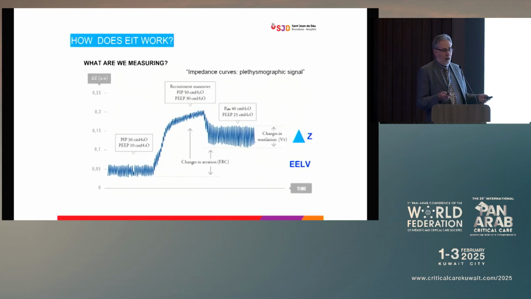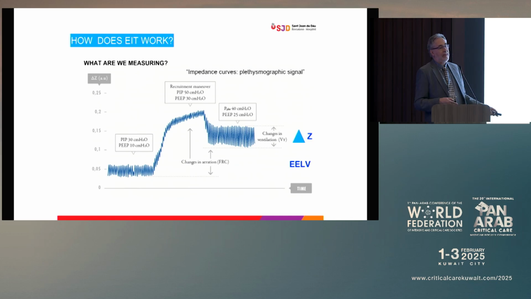So what about the plethysmograph signal? You can see here the change, as I told you, this delta Z, it's changes in ventilation, it's tidal volume. But there is more information. The height that I have from the baseline is called end-expiratory lung volume. This correlates with the FRC.